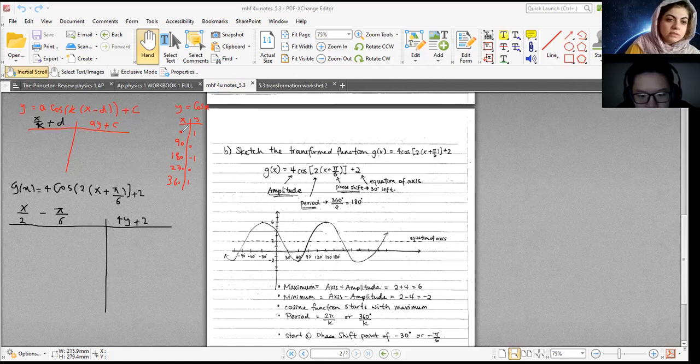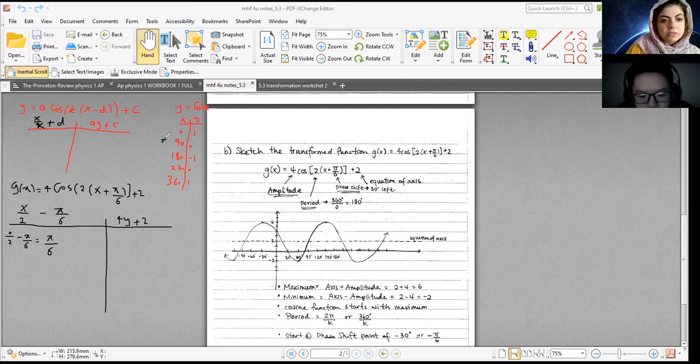So I put 0, this is my original parent function. You put 0 for x: 0 divided by 2 minus pi over 6. 0 minus pi over 6 is negative pi over 6. I'm going to turn all of that into pi because this should be in radians as well.